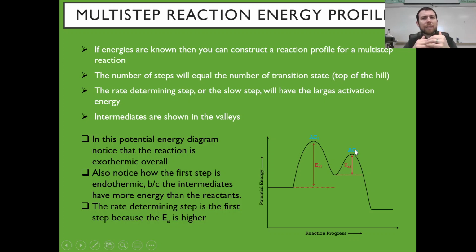Whichever has the highest activation energy is going to be your slow step. In this particular example, step 1 is our rate determining step because it has a significantly higher activation energy.